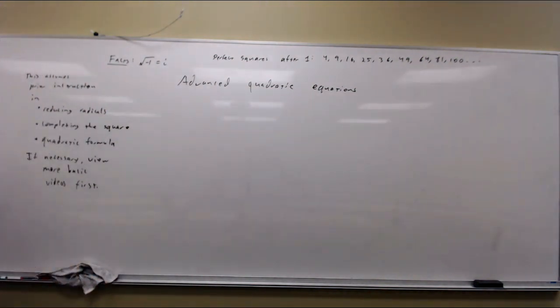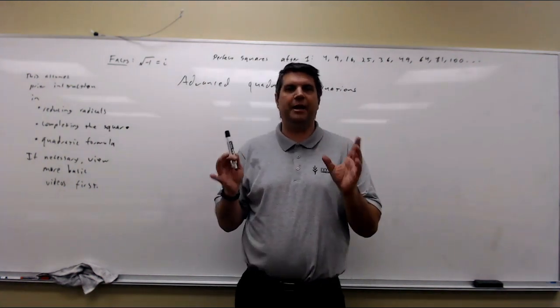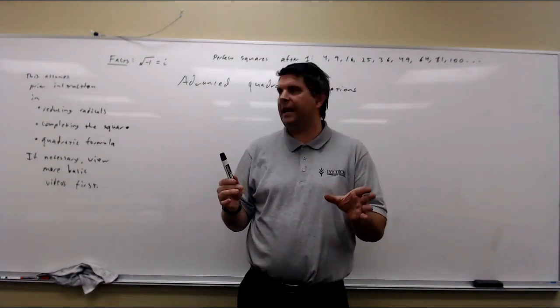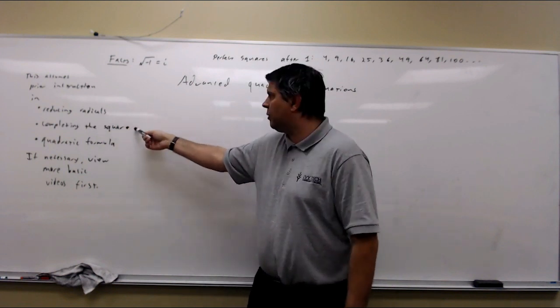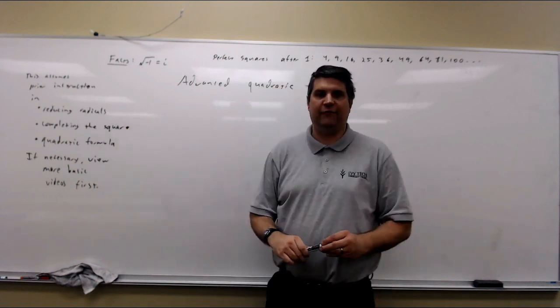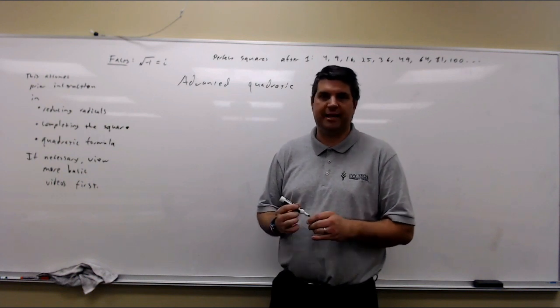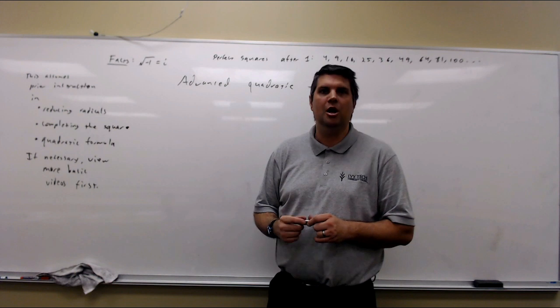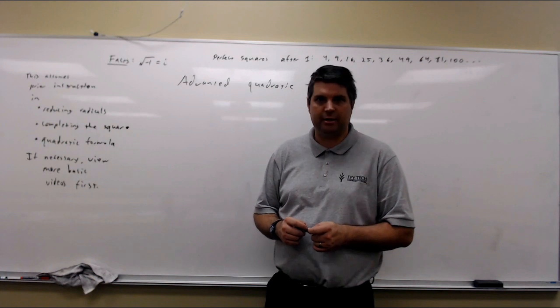I will assume that you have had prior instruction and an intermediate level of familiarity with reducing radicals, completing the square, and the quadratic formula. If you have not seen basic videos of this or had basic instruction in this recently, don't watch this video yet. Watch something more basic.